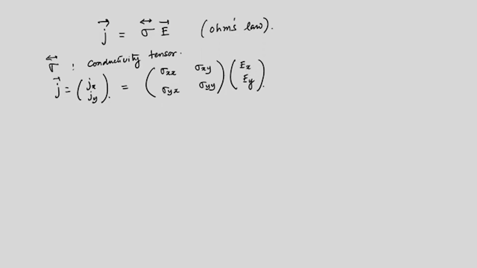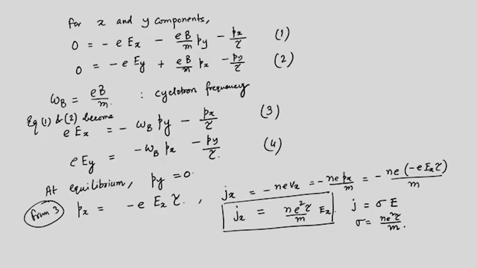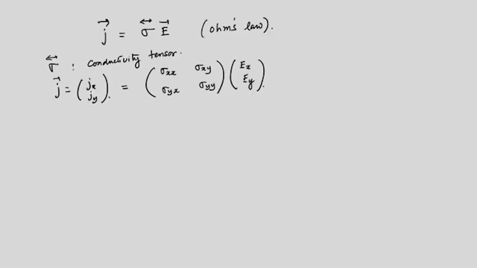If we go to these equations that we have seen here, equations 1, 2, 3, 4, etc., then it is not difficult to write down that this sigma tensor is nothing but Ne squared tau over m, divided by 1 plus omega_b squared tau squared, times the matrix with entries 1, minus omega_b tau, omega_b tau, and 1.